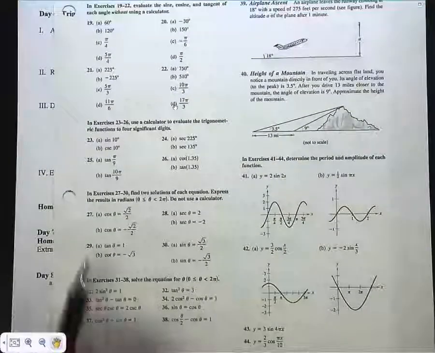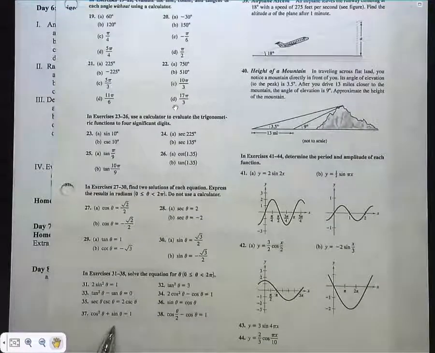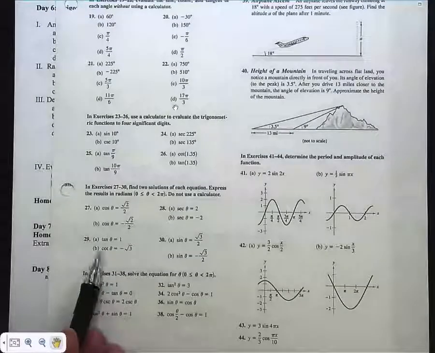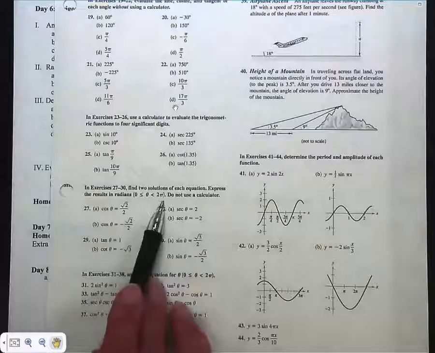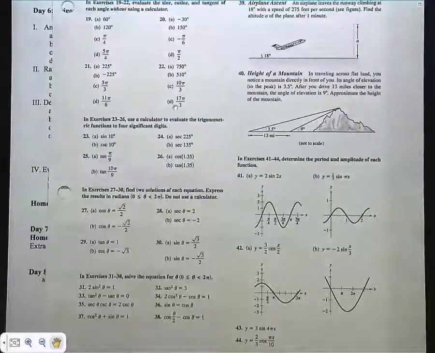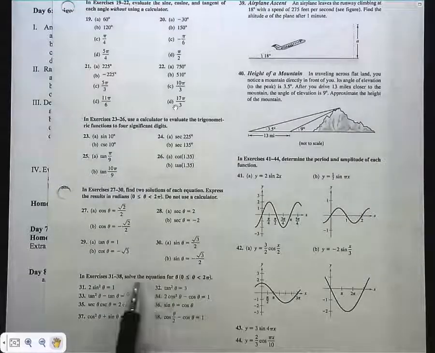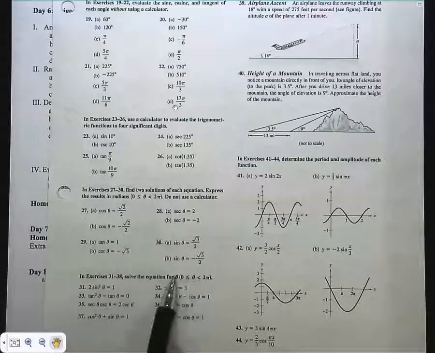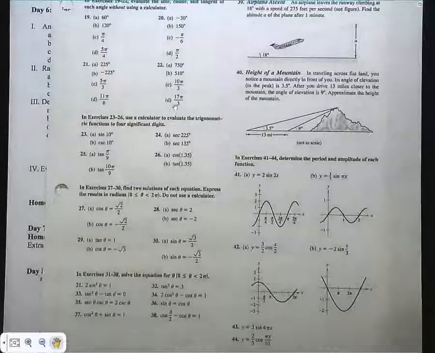That's these problems, 27 to 37 right here. 27 and 29 say solve in just one revolution of the unit circle from 0 to 2 pi. Notice that 31 through 37 also say solve for just all the solutions in one revolution of the unit circle. So you don't have to worry about the plus 2 pi n or plus pi n on these problems.